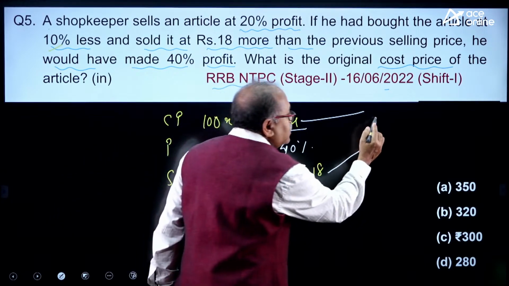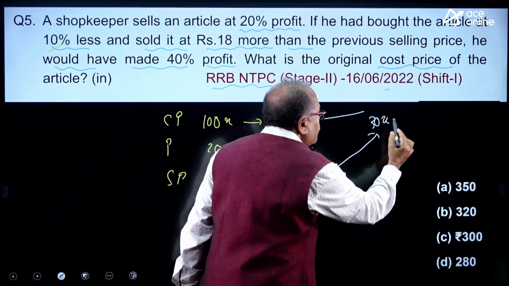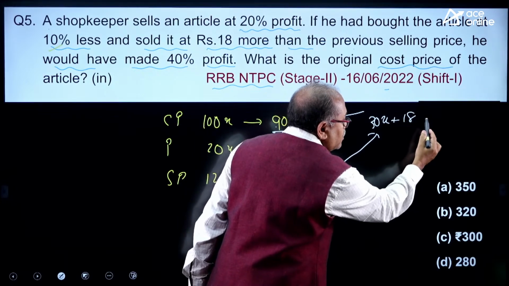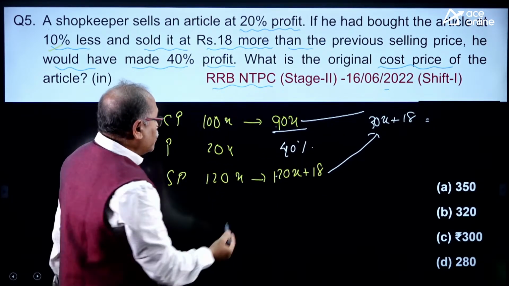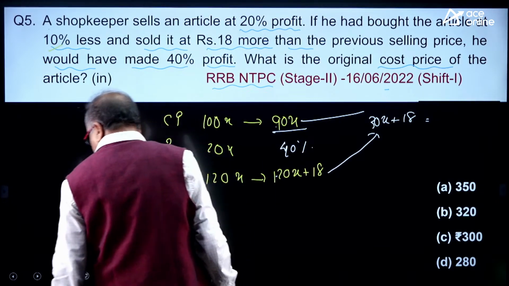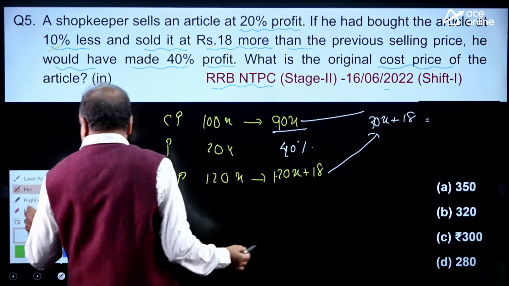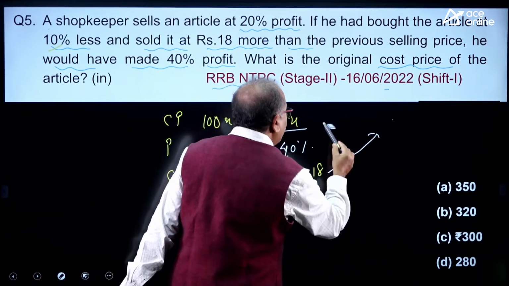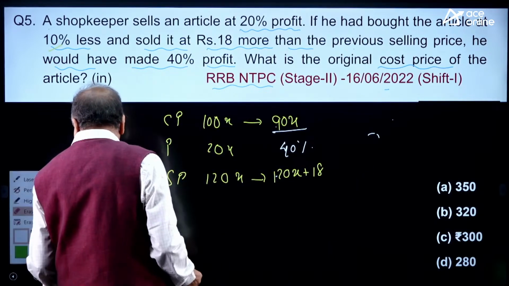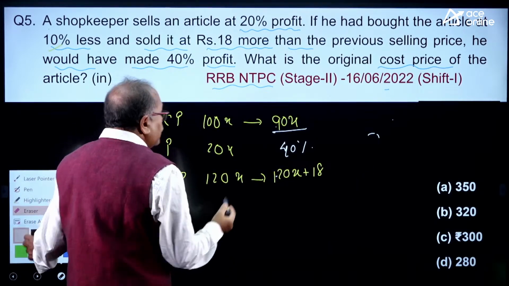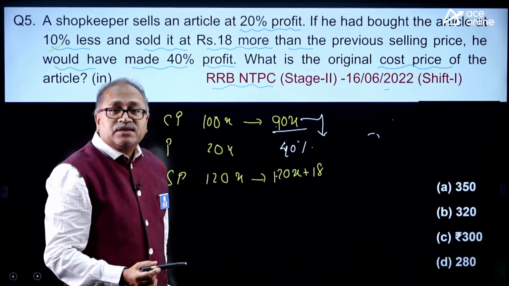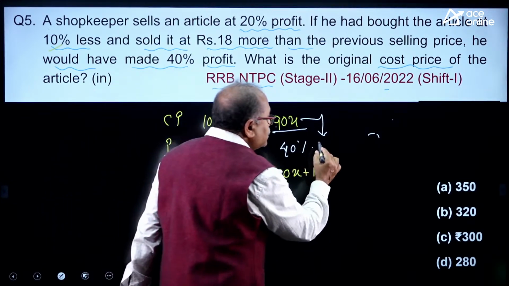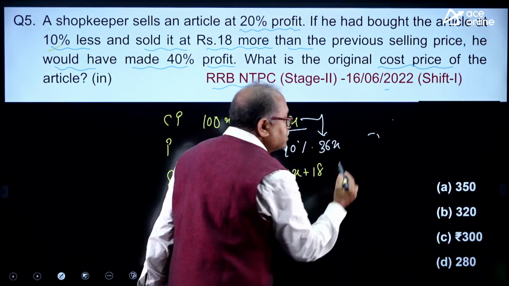One minute, I just put up the wrong step. Let me erase this. So, I have already 90x. What is 40% of this? That is 36x.